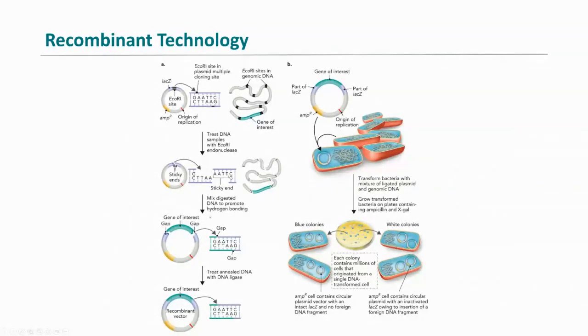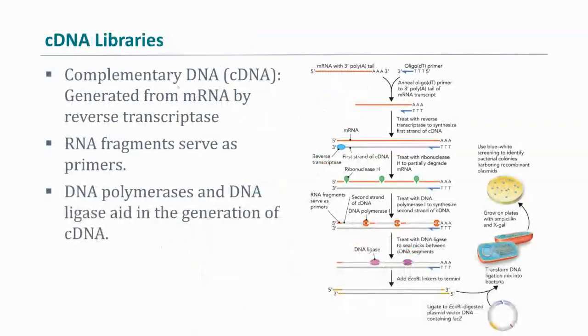If the gene is not inserted here, then lacZ will be produced. When lacZ is produced, it can cleave the X-gal so that you will see a blue colony. This is also called a blue-white test to determine the recombinant cell and recombinant DNA.